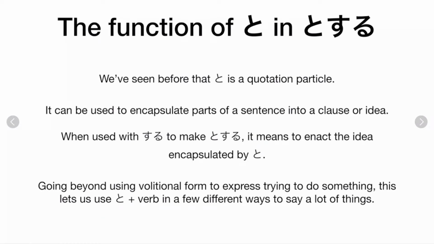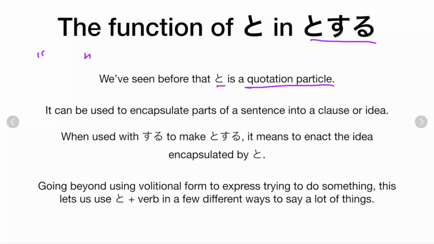Here, right, in this to suru, it's the quotation particle that we've seen before. But it doesn't always have to just put things in double quotes because that is the idea. To can just encapsulate it into a clause or an idea. So we say to suru, right?